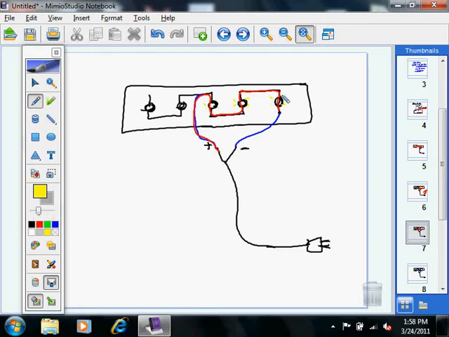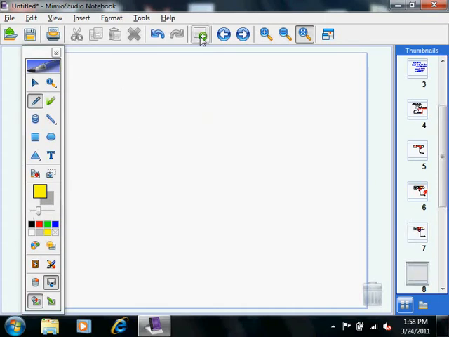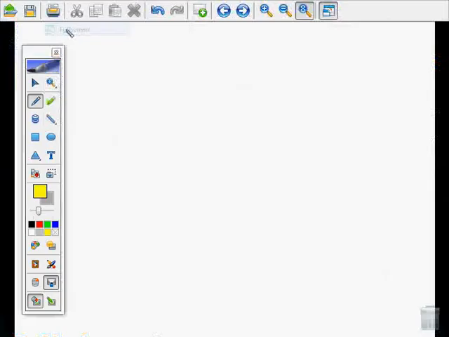So now that we have the basics about a series circuit, how there's one pathway, it's time to learn all the hidden rules that go along with series circuits. So let's draw a circuit over here.